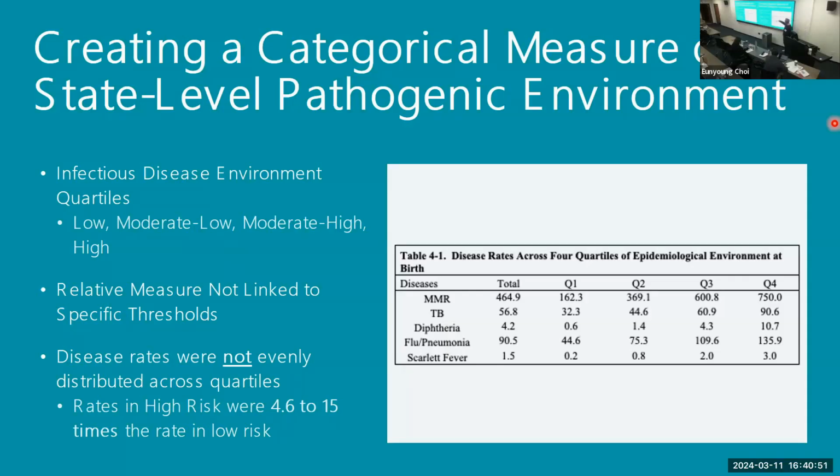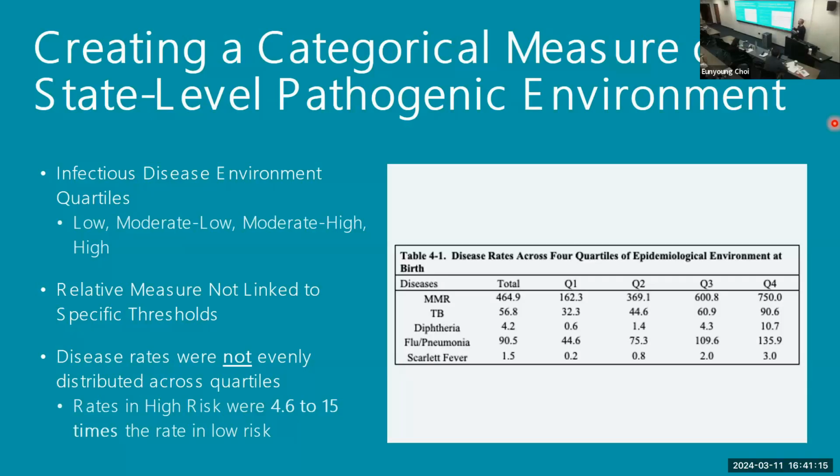For maternal mortality rate, we have 162.3, and then it goes down to scarlet fever at 0.2. Then the rates go up to about 750 and then to 3 for scarlet fever, which is what is expected in the differences in rates. But the thing I wanted to point out is that it's a relative measure, and the disease is not evenly distributed.